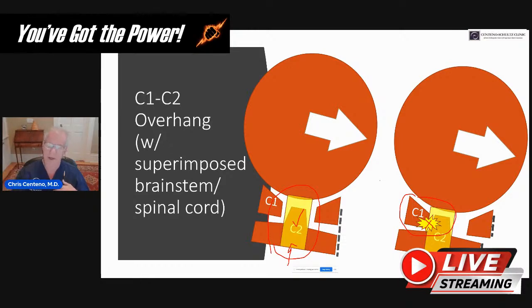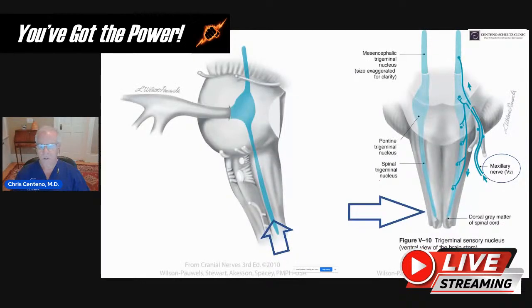What would happen if you had a lot of overhang and you were banging into the side of the spinal cord or even the lower brainstem? Well, this is really interesting to take a look at. This is the trigeminal nucleus.